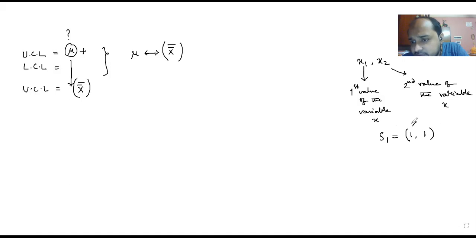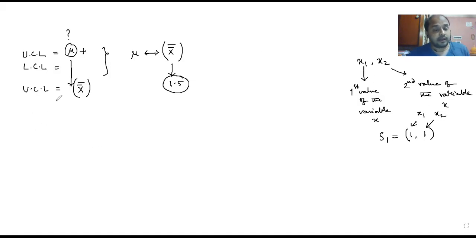What is the first value of the variable x? That is called x1. What is the second value? That is called x2. So from there I have got the x1 and x2 from all the 4 samples. Probably you have understood. That's why I have calculated x bar bar, and in our case x bar bar has come out to be 1.5.